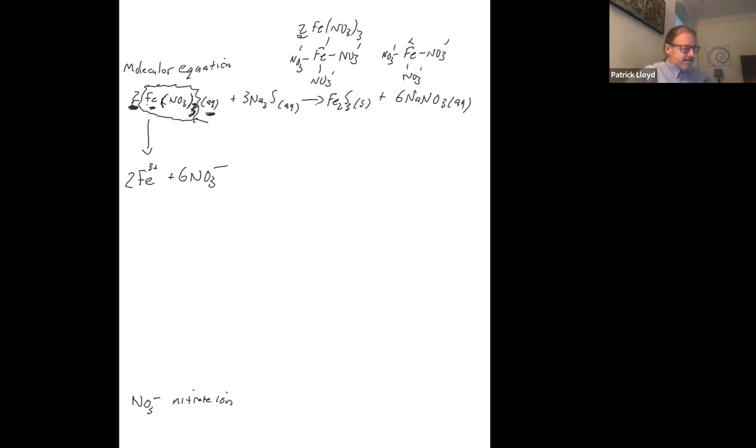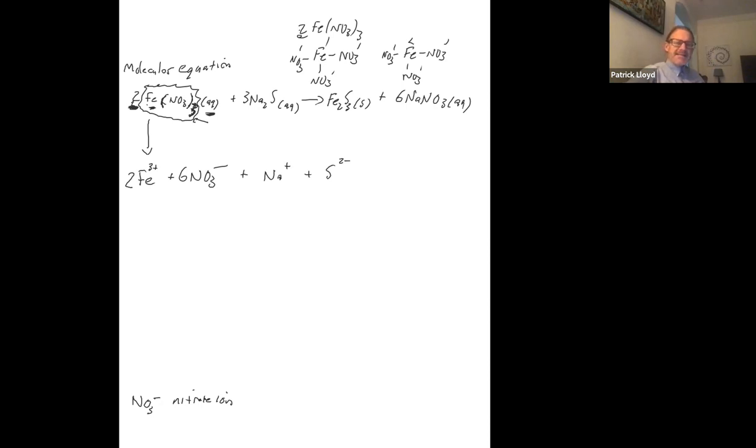Okay. Now let's do the second one. Again, put a plus sign next to it. We're adding these together. They're separated. So we've got 3Na2S. Okay. So Na, first column, +1. Sulfur, that's over here, group 6A, -2. Okay. How many sodiums are there?